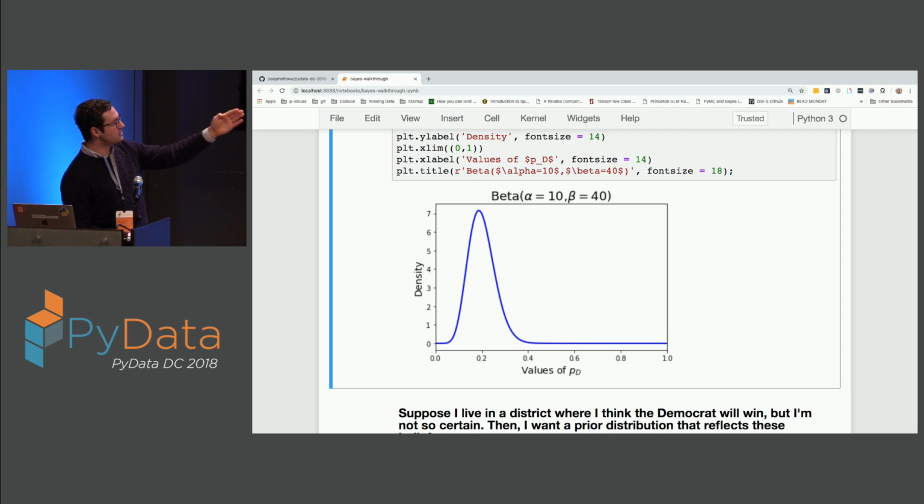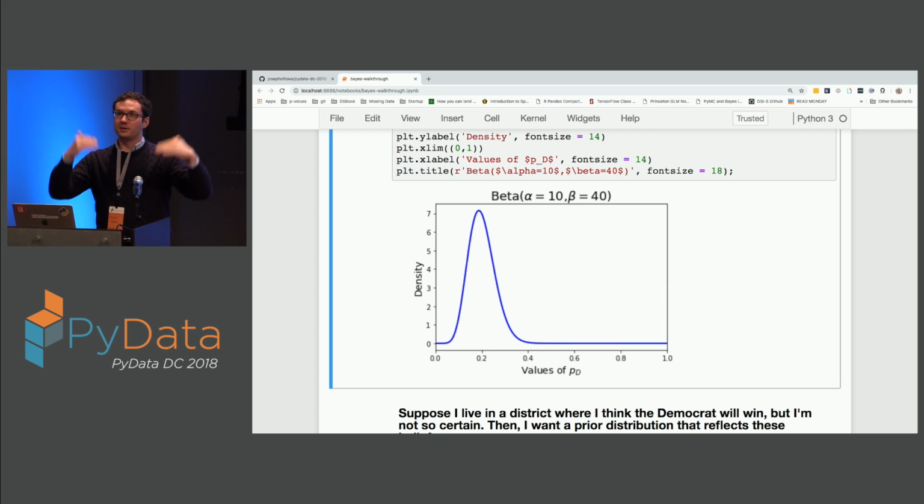On the horizontal axis, these are all of the possible values of PD, the proportion of votes that the Democrat is going to get. On the vertical axis, we have the density. So we have kind of the probability or the likelihood of each individual value, which gets a little weird to talk about for continuous distributions.